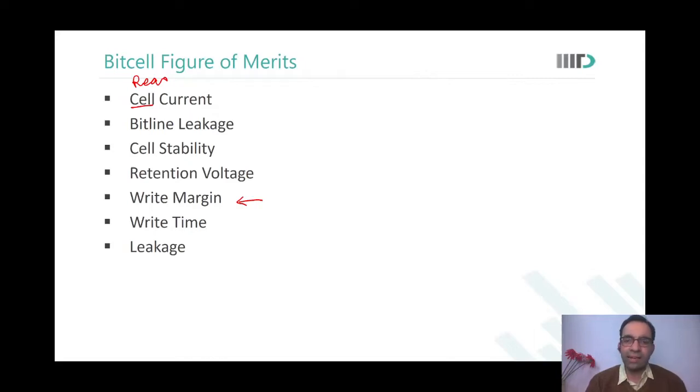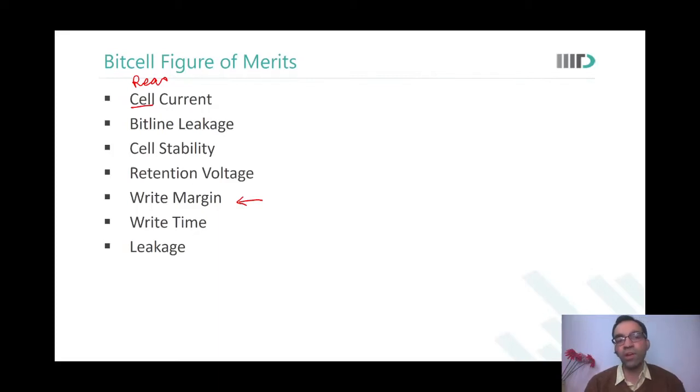Okay. Write time is intuitive. The name itself suggests how long it takes to write into the memory cell. And we just now saw that write 1 happens slower than write 0. In a 6T memory cell with NMOS pass gates, 0 is written first and then 1 is written. So write time is typically measured when 1 is written completely. And then leakage.